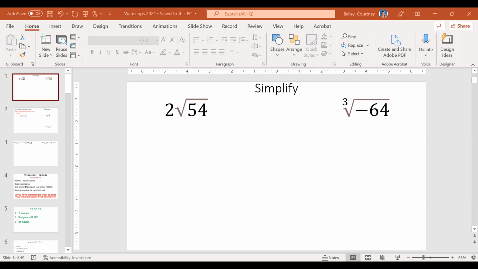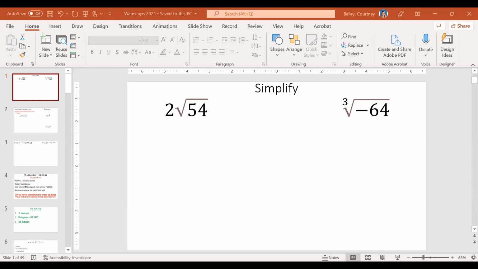So I have 7 square root of 2 times 2 times 2. What am I looking for? Groups of 2. Groups of 2. My index is 2. What happens to the 2 and 7 because they're outside? So I have 14 square root of 2.